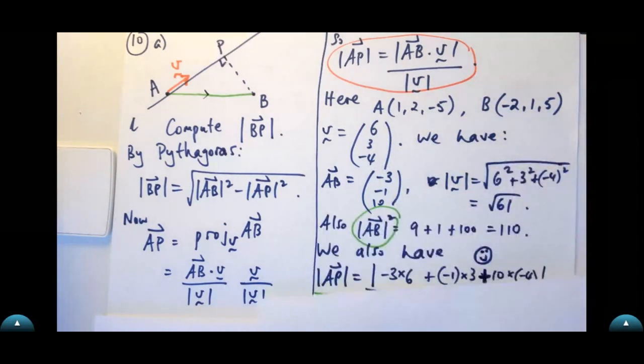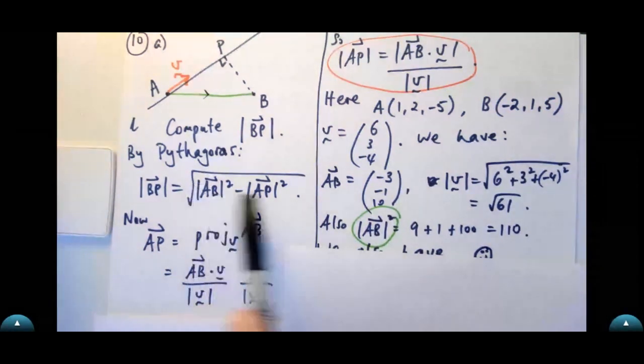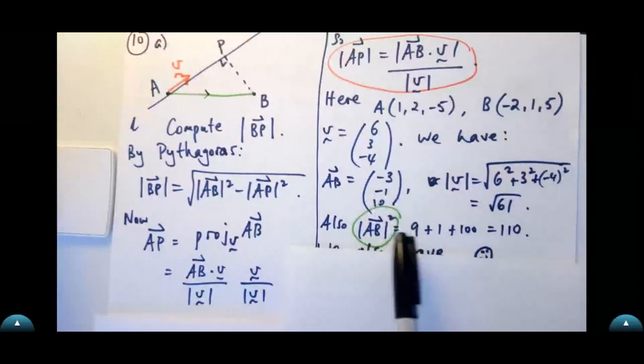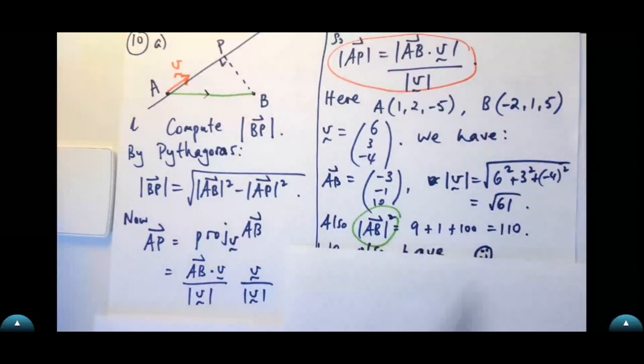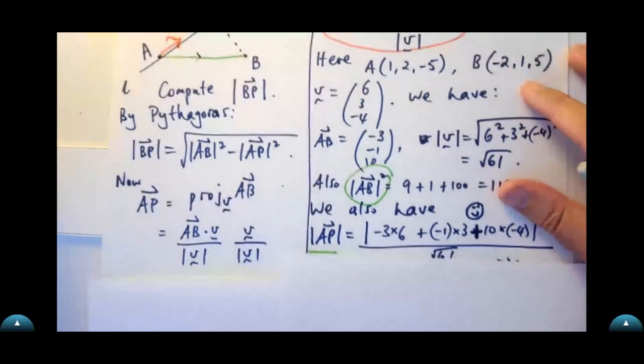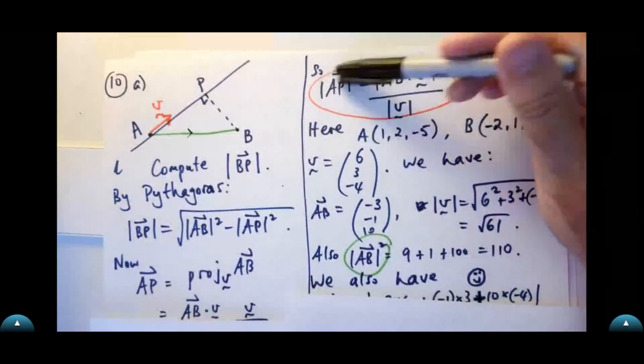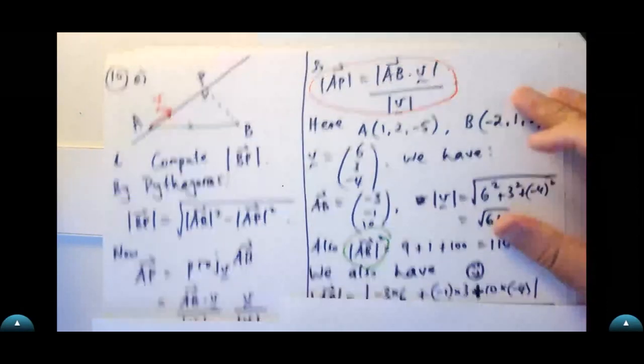We're almost finished. I want to get this. If that's AB, then the square of the length, you square the bits and add them together, gives you 110. Using this up here, I want the dot product.